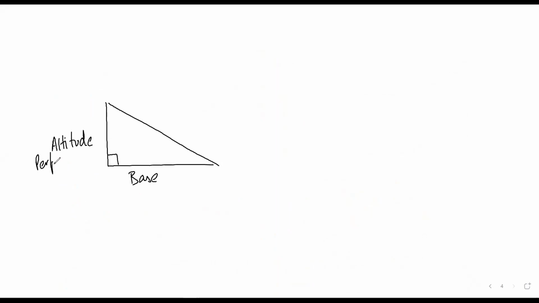If this is a right triangle, this is the base, this is the altitude, also called perpendicular, or opposite, or height. And this part, in a right triangle, is called the hypotenuse.